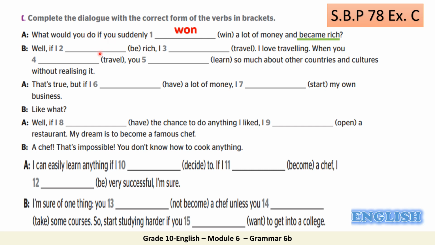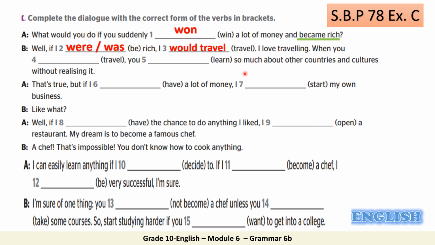So, it means that we are going to use which type? That's correct, type 2. If I were rich, I would travel.